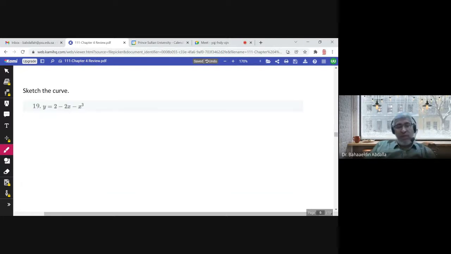Now sketch the graph of this function. You remember in section 4.5, we have to find a lot of things. First, the domain is all real numbers, because this is a polynomial. What about the y-intercept? We put x equals 0, the y-intercept is 2.